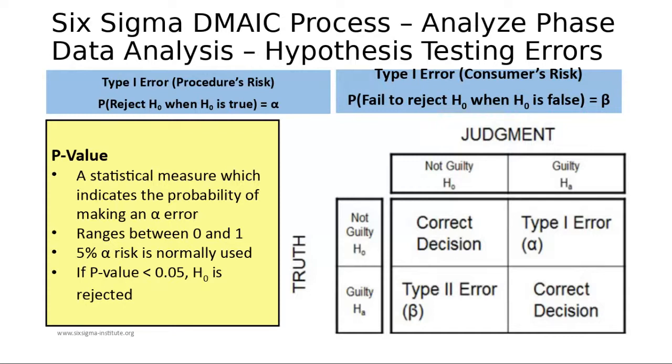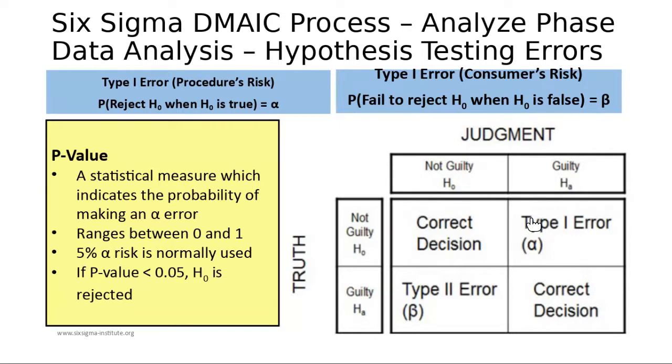The common errors that happen in the hypothesis test, I believe most of you have seen before: type 1 error or type 2 error, alpha error or beta error. The alpha error, type 1 error, says that the HA, the alternative hypothesis, is correct, and the null hypothesis is not correct.